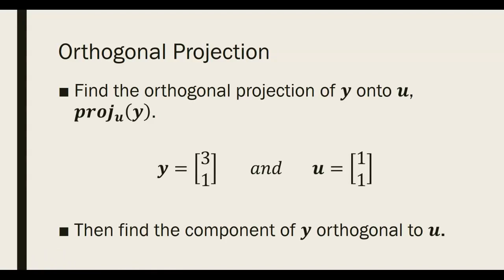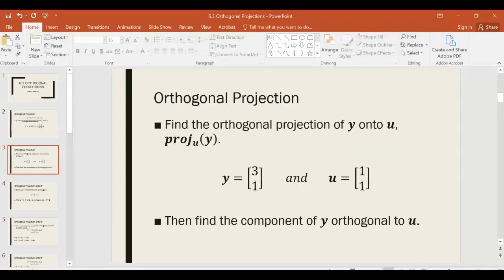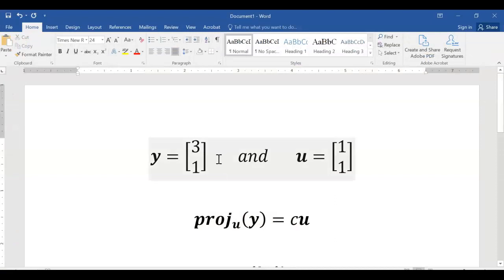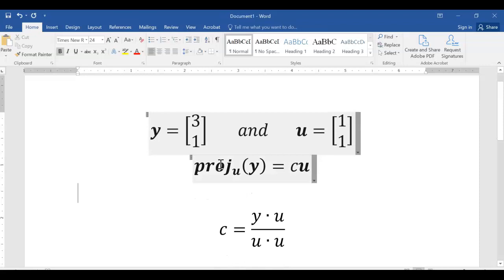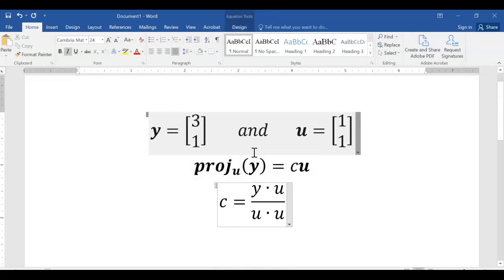All right, so hopefully you went ahead and did that. So the goal is to find the orthogonal projection first. Again, that coefficient is going to be inner product of y and u divided by inner product of u by itself.